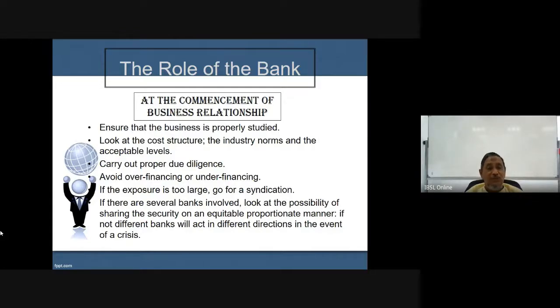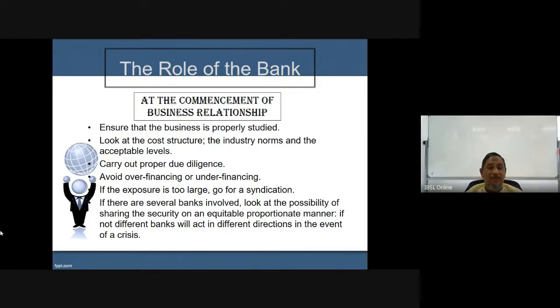If the exposure is too large, go for a syndication. Customer requirement is large, better go for a syndication. Get other banks involved in the facility. This is okay, acceptable, viable. If there are several banks involved, look at the possibility of sharing the security in an equitable, proportionate manner.